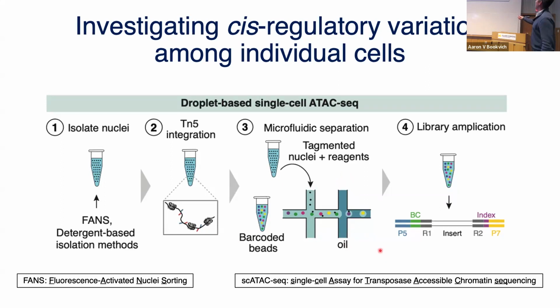So if you can just keep your focus on this one droplet here, it has one colored bead and one nucleus, all the accessible regions that have already been tagmented in the genome will get a short 16-base barcode attached to them so that we can tell later down the line after we do sequencing that this read came from some nucleus, right? We can put all the reads together that have the same barcode, and so we know that all those reads come from the same nucleus.